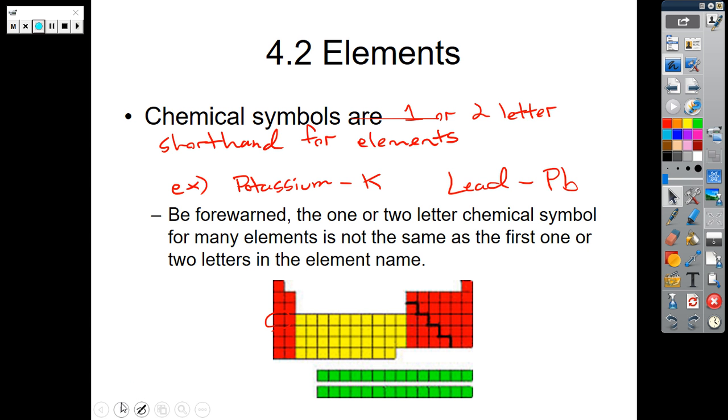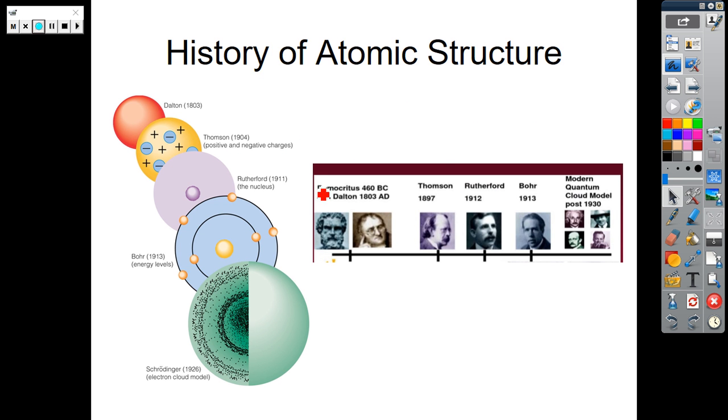But anyway, all right. So if you get into human history and how our understanding of atoms has evolved throughout the years, you can really go all the way back to 460 BC. We're talking about the philosopher Democritus.